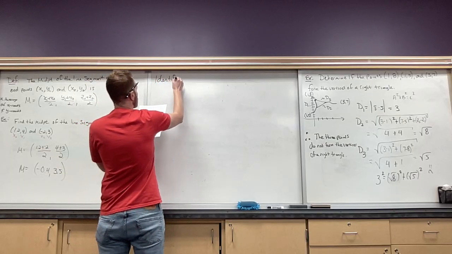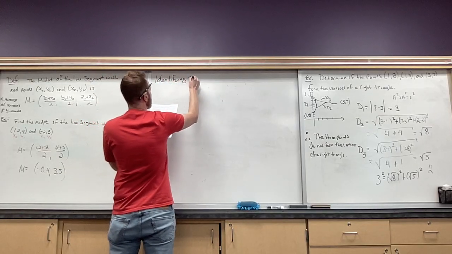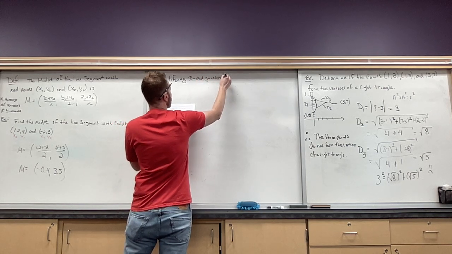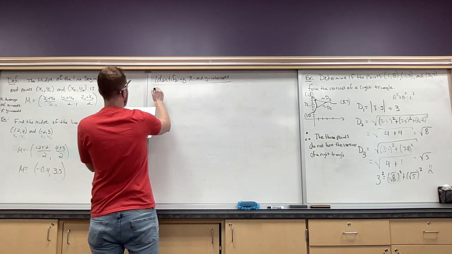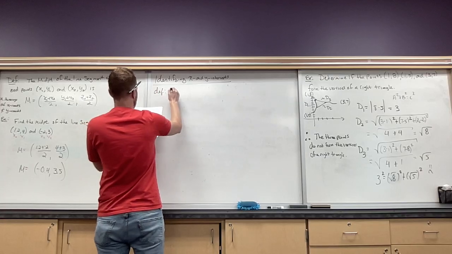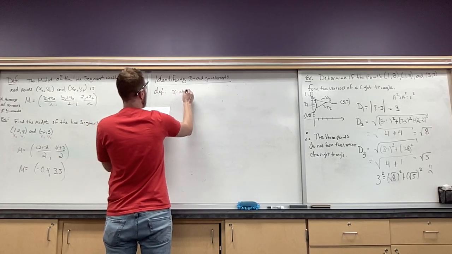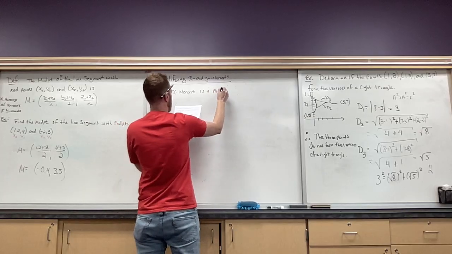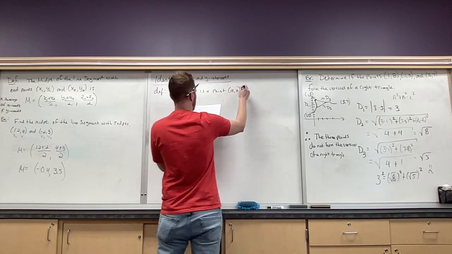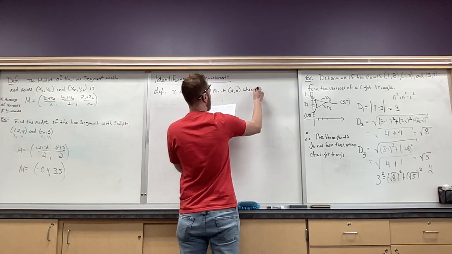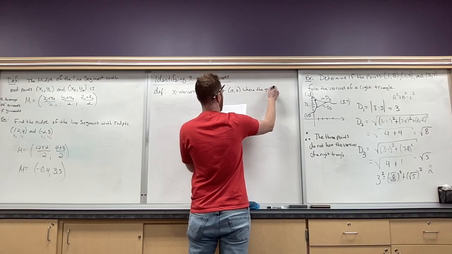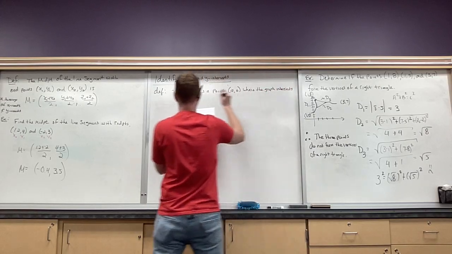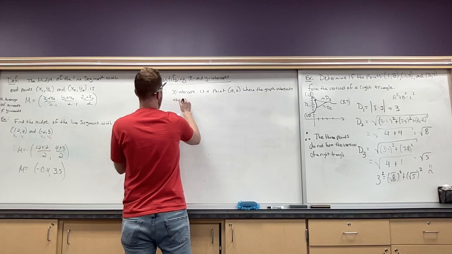Make you think. Next, let's identify x and y intercepts. Let's do this formally. So definition. An x-intercept is a point, (a, 0), where the graph intersects the x-axis.